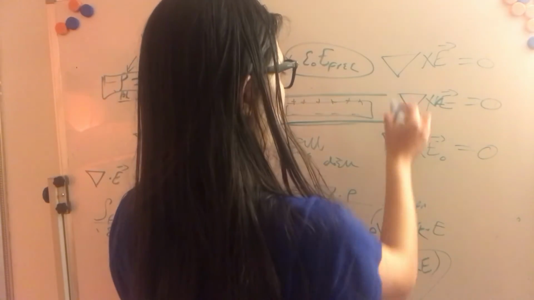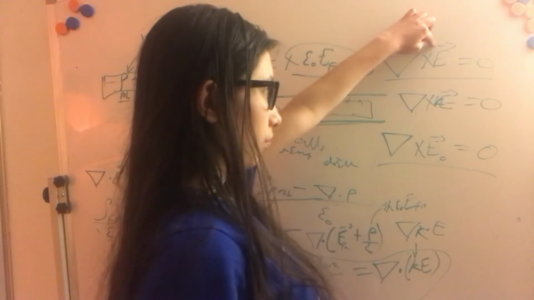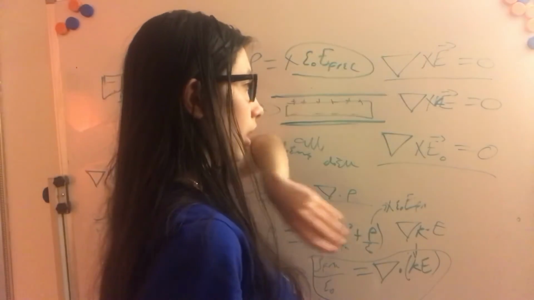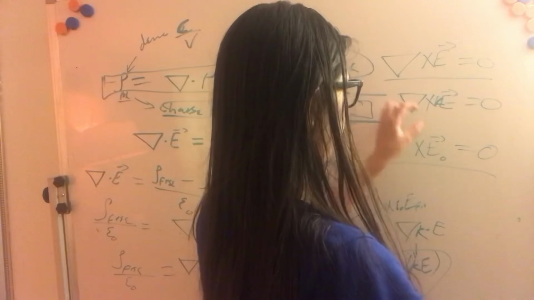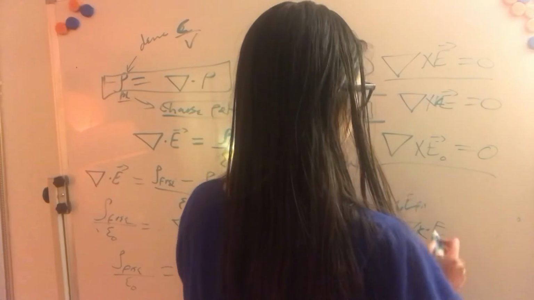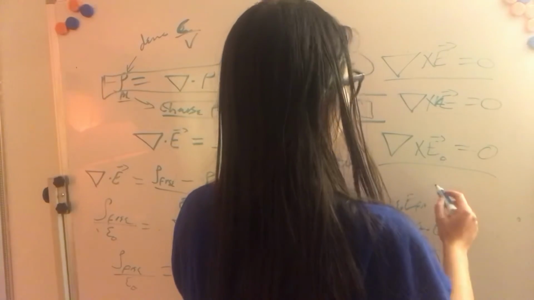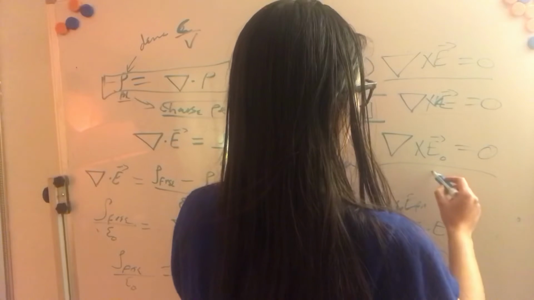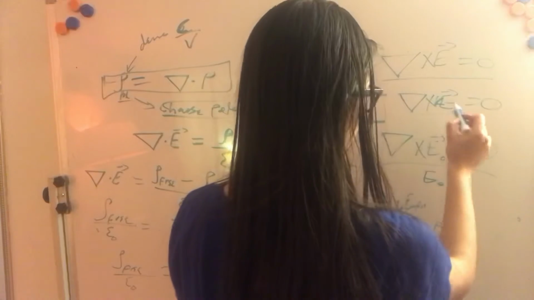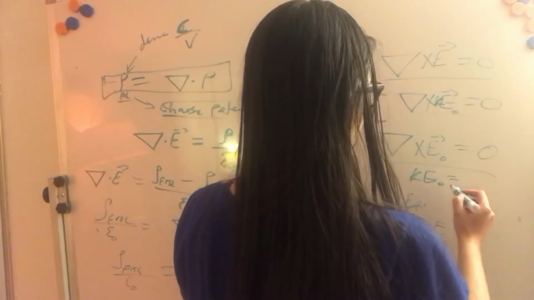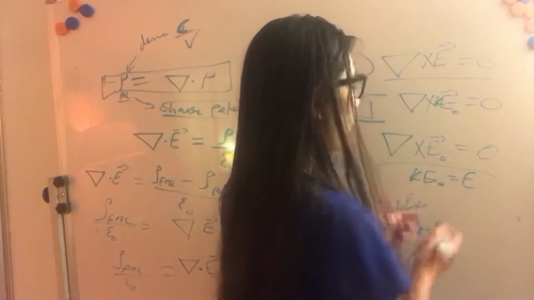So if we have this, and this is the electric field after the dielectric, that is the same. And then we would have that both curls are 0, and we can equate them, and so we have that the electric field times some constant, is equal to the electric field before the dielectric times the constant, is equal to the new electric field.